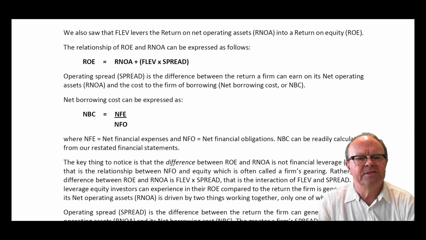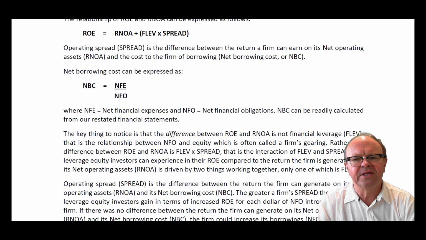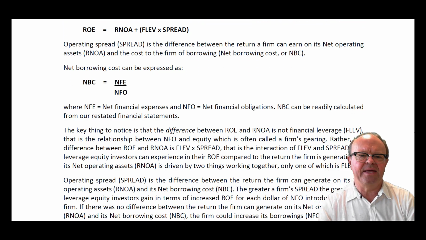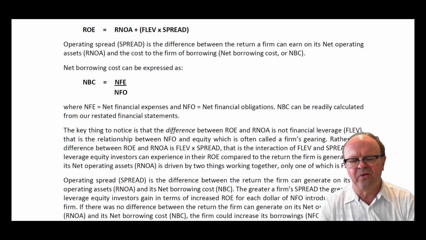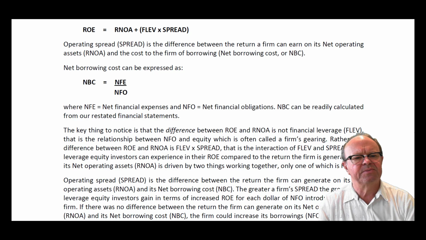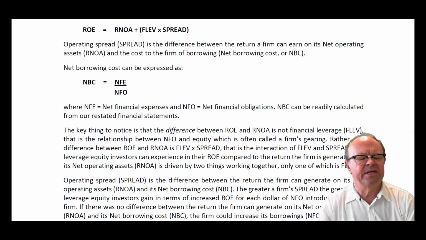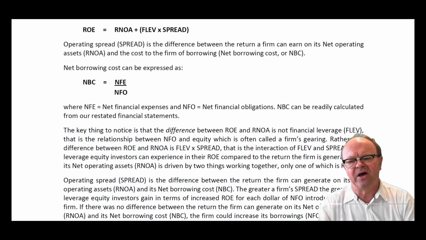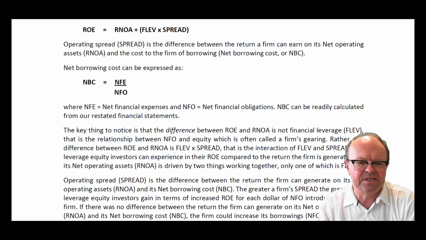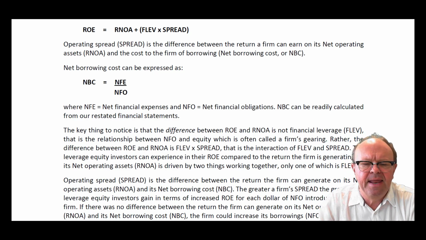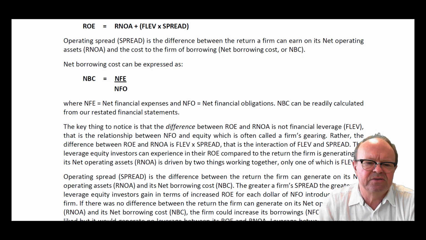Operating spread is the difference between the return a firm can earn on its net operating assets, RNOA, and the cost to the firm of borrowing, net borrowing cost, or NBC. Net borrowing cost can be expressed as net borrowing cost equals net financial expenses divided by net financial obligations. Net borrowing cost can be readily calculated from our restated financial statements.